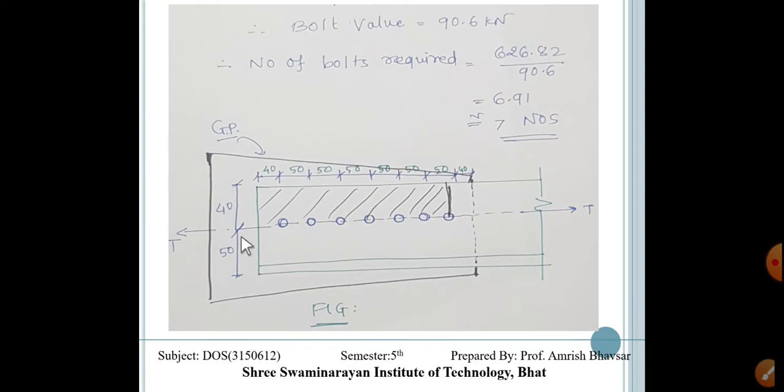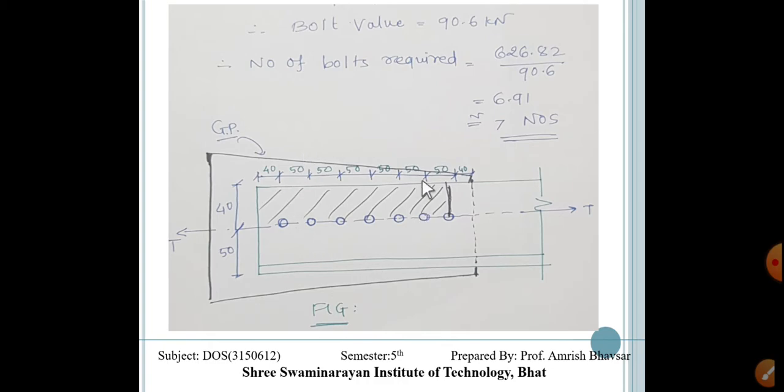Here this is our gauge distance 50 and this is 40. The first one is the end distance, that is 40, and all the remaining are pitch distance, and the last one is again end distance. But whenever we are considering bolt failure due to block shear, this much section must fail due to block shear.